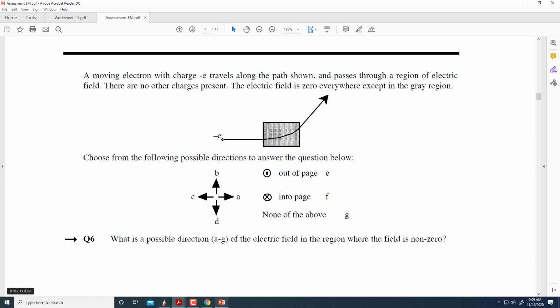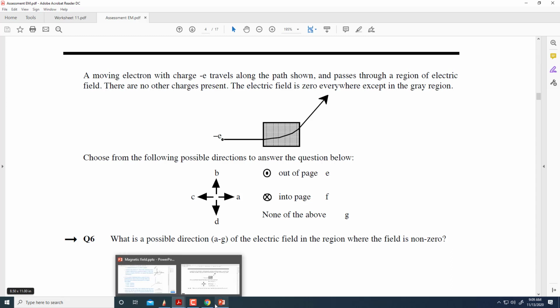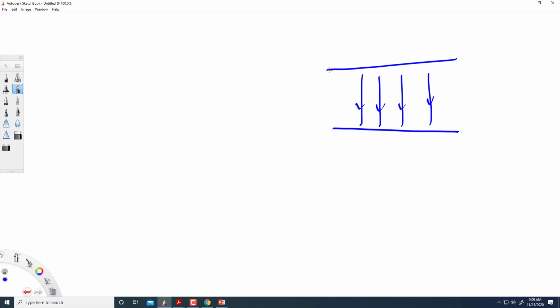Okay, so let's see if it is right. You are saying the electric field is down. That means we have positive potential on top and negative potential on the bottom, and when the electron is moving that way, this electron will feel the force up, right?